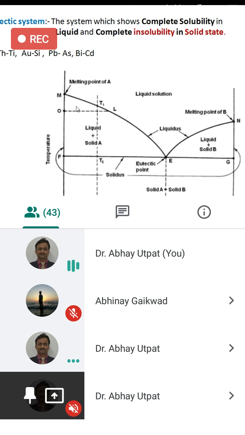See this dotted vertical line. You are moving from top to bottom. The amount of solid goes on increasing and this is your border. TE, whatever is written, the horizontal line, that is your border.